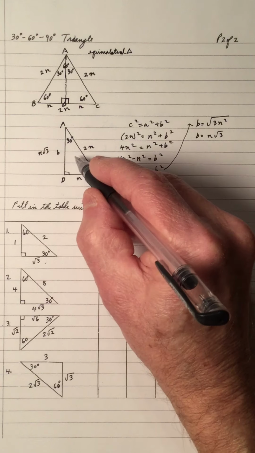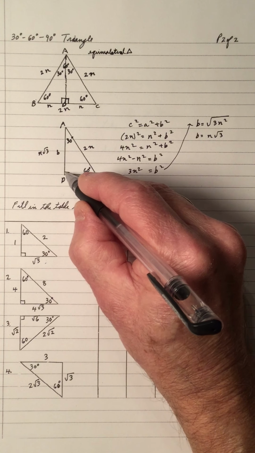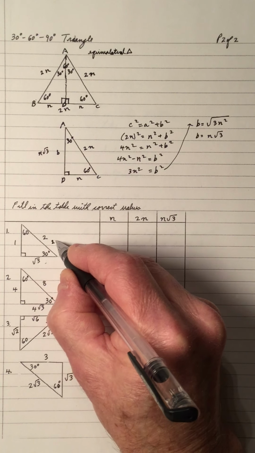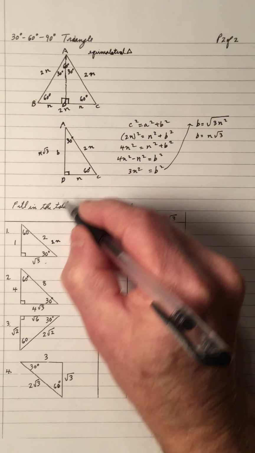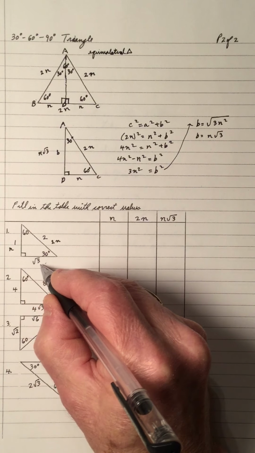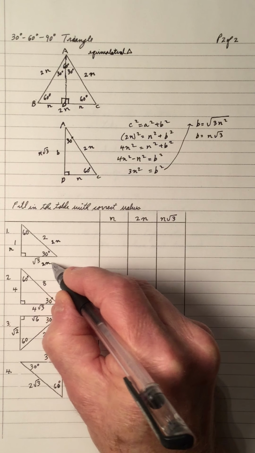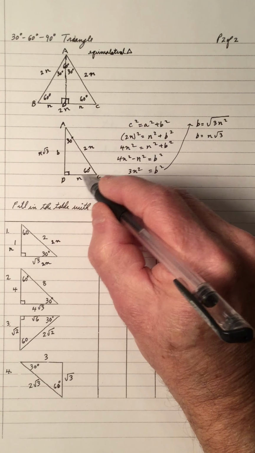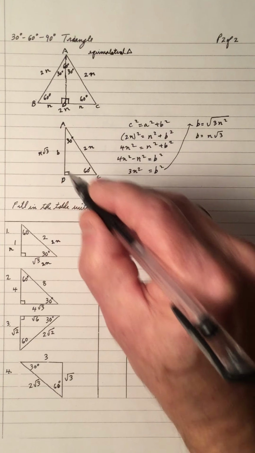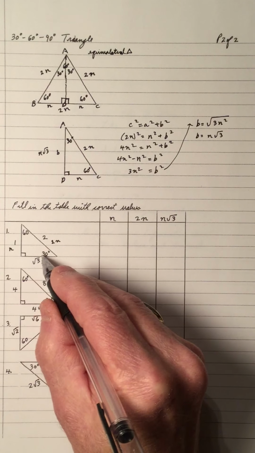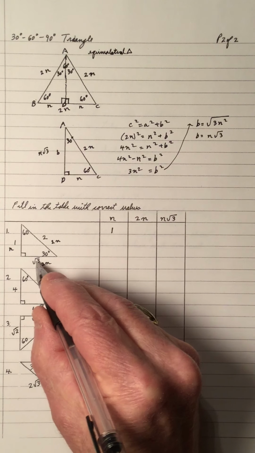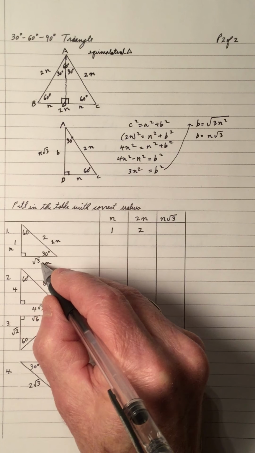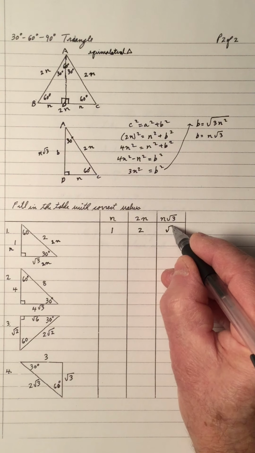Notice opposite the right angle is 2n. Opposite the 30 is n. Opposite the 60 is n root 3. So in this triangle, n is 1, 2n is 2, and n root 3 is root 3.